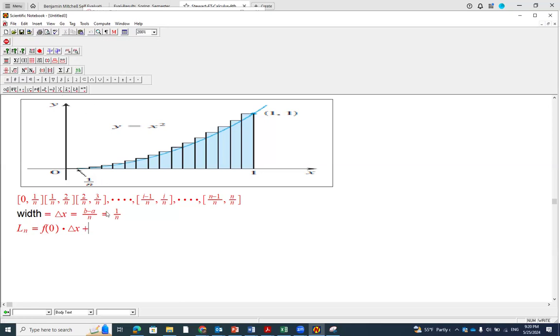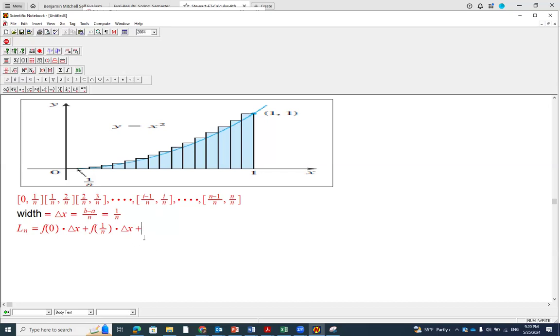The second one is going to be f of 1 over n, multiplied by delta x. For each one of these rectangles, the width is delta x.